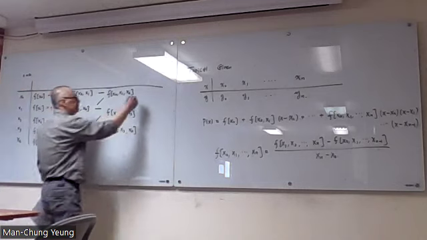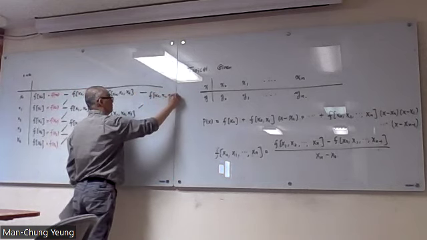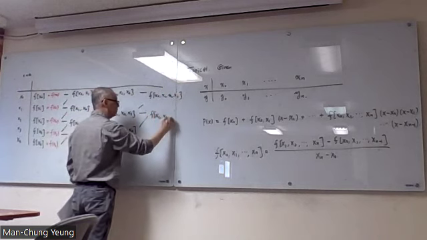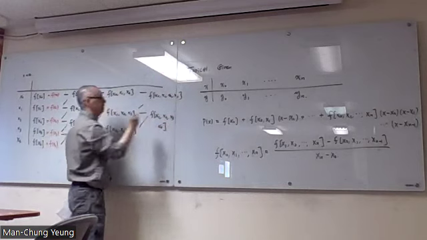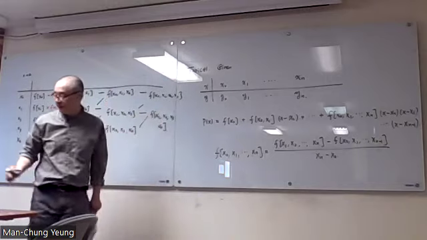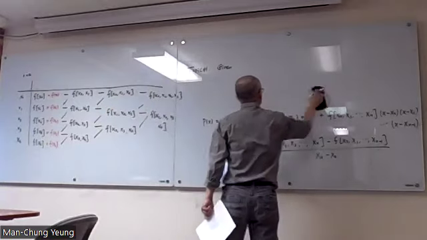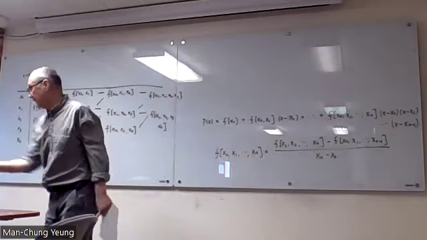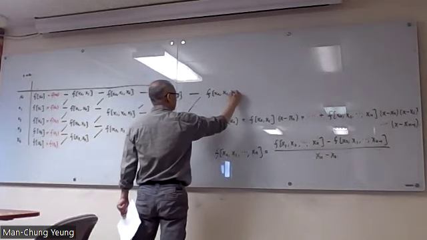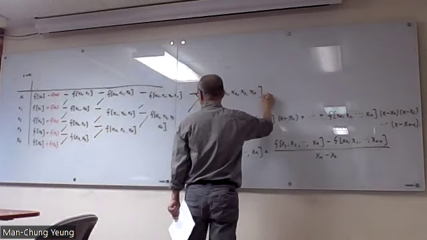Now, from these two numbers, we can compute x0, x1, x2, x3, and from these two, x1, x2, x3, x4. Finally, from this column, we can compute f[x0, x1, x2, x3, x4].